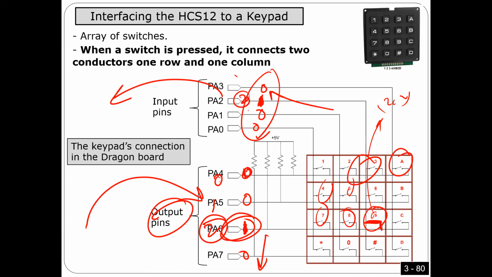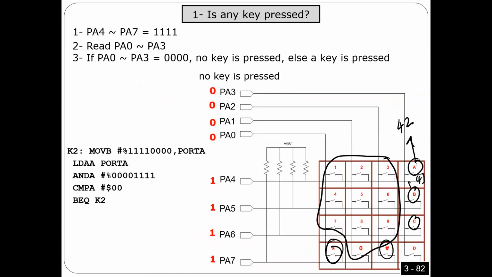I have to scan to see which row is connected to which column, and every button has a unique row and column. Based on the row value and the column value, I should return the ASCII of the corresponding key. Now I'm going to show how this subroutine works.